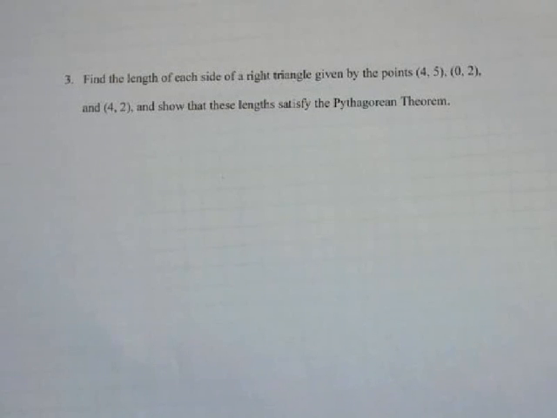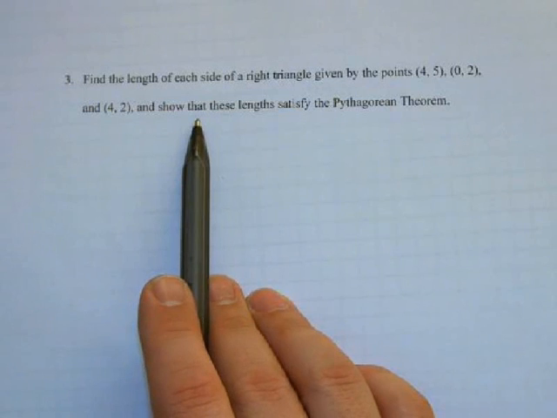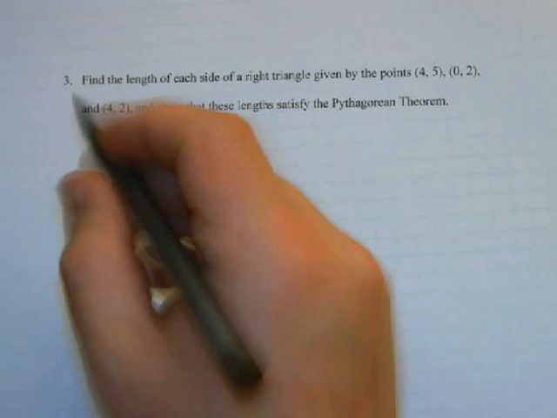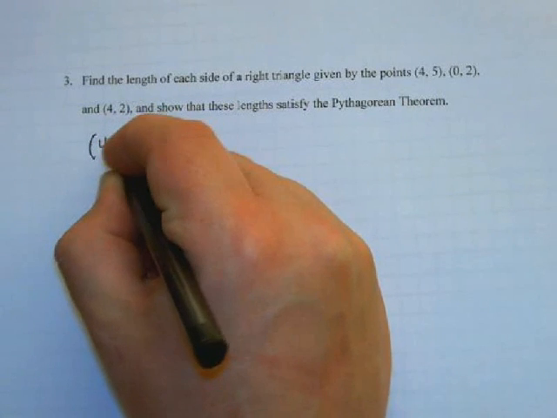Okay, number 3. We have a triangle. These are the vertices. And we're supposed to show that the lengths satisfy the Pythagorean theorem, which means we need to find the distance between each vertex.